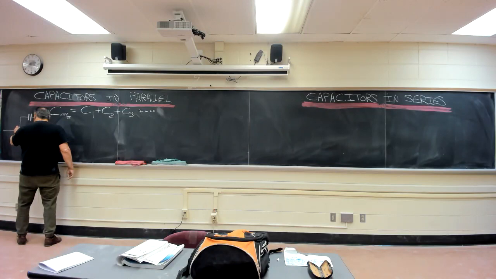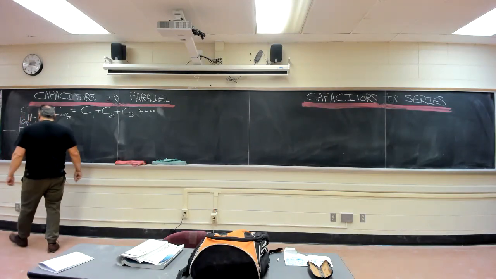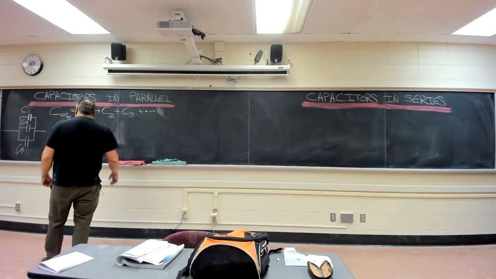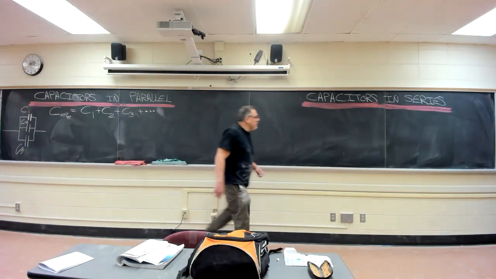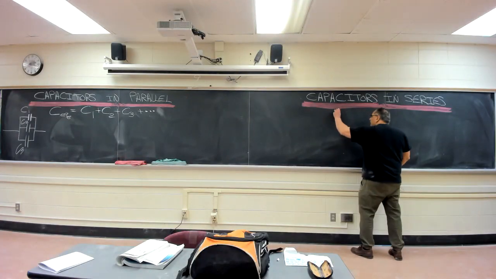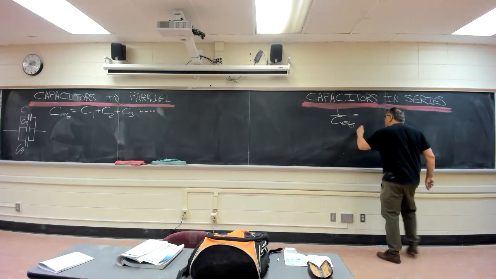there's a lot of ways you can go here. Let me try to think. C1, C2. Capacitors looking like that, for example. That's a parallel arrangement. And if they're in series, you've got to be cognizant of the mathematics and be able to work with it and get it right.